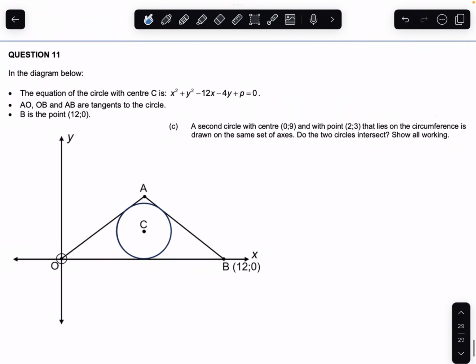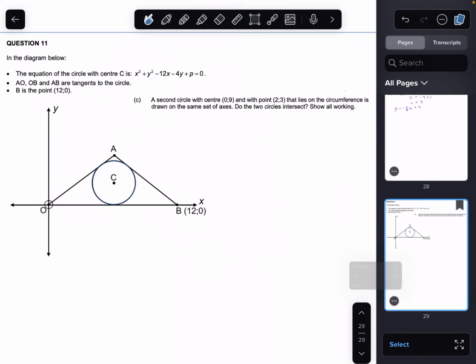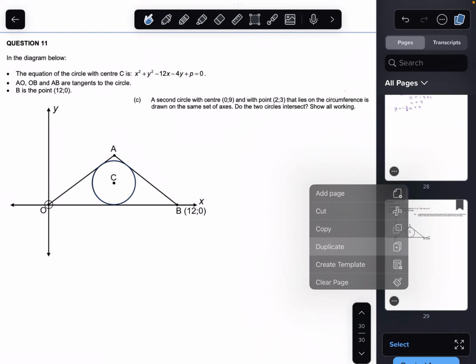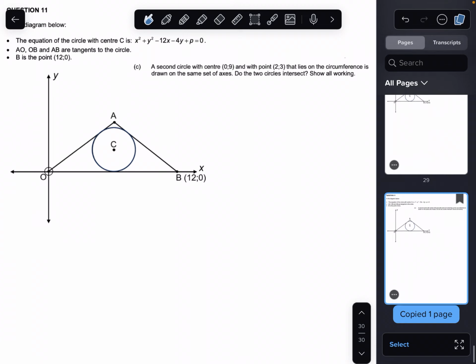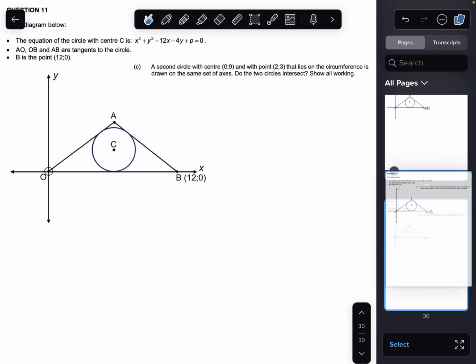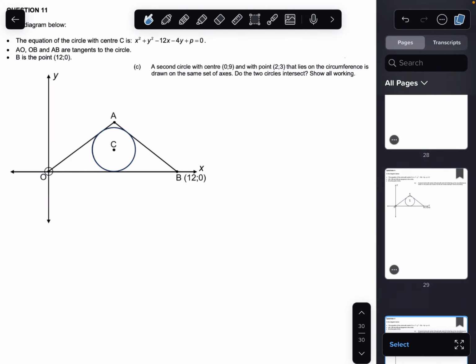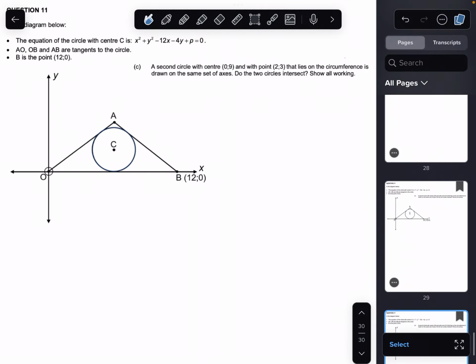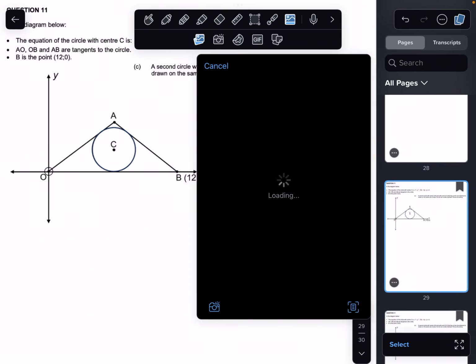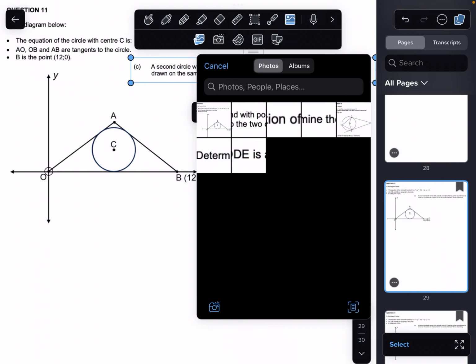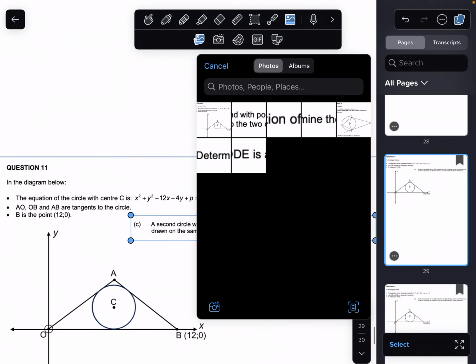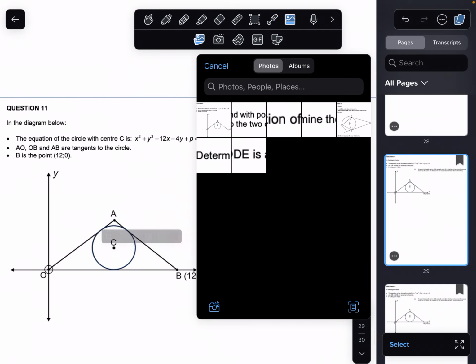So let me duplicate this one and move it up. Can I move it? Oh, I don't have to move it. Sometimes I'm just so stubborn because these pages are exactly the same. Why do I have to move it? Right, let's delete here.